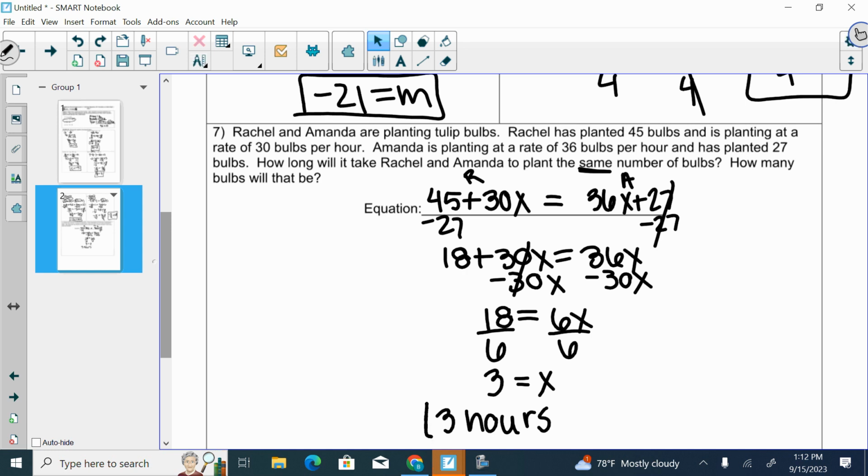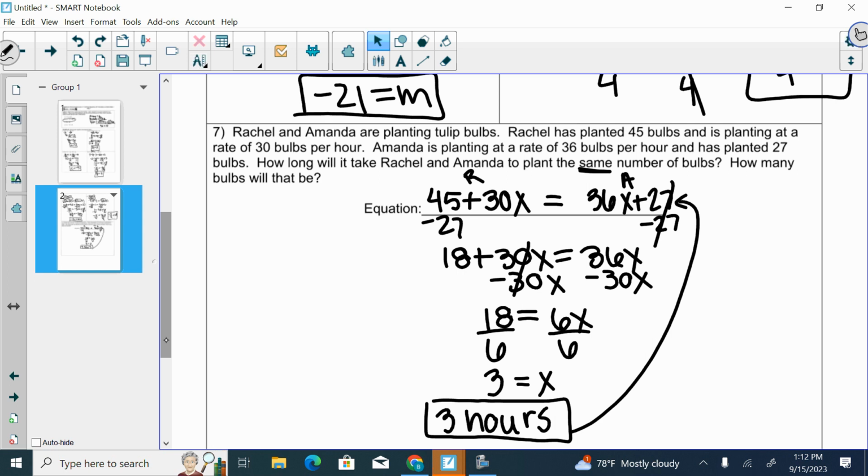They also want to know how many bulbs would that mean they have planted. So what would I do with that 3 to find that answer? Go plug it back in, yeah. You can plug it into Amanda or you can plug it into Rachel. It doesn't matter because they're supposed to be the same, right?